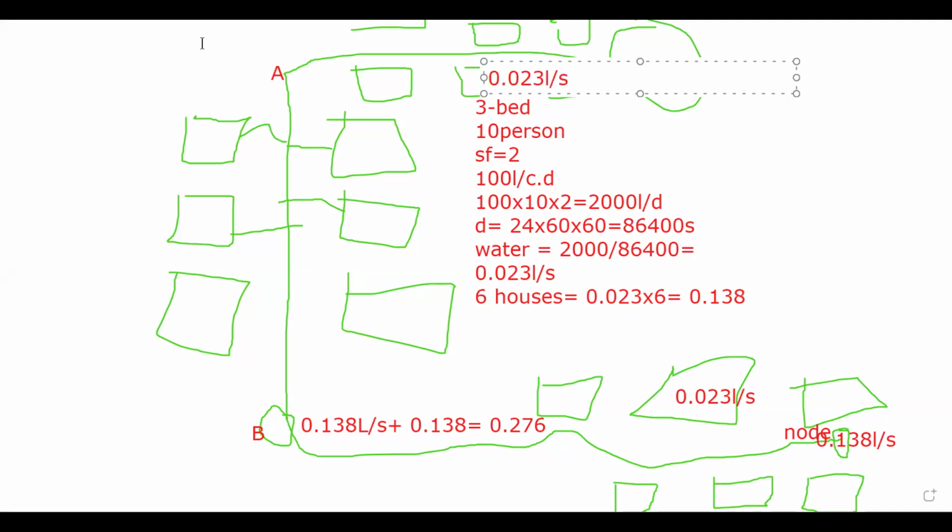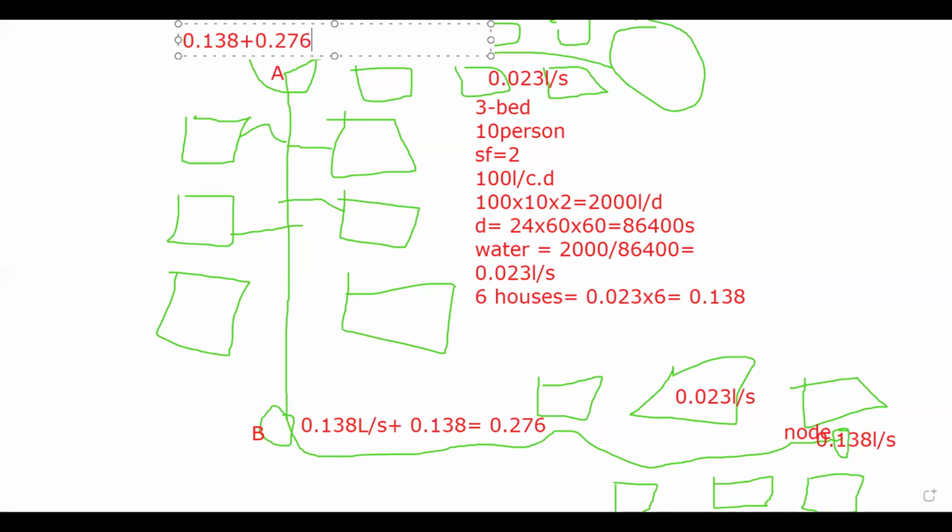And it means this node here now, listen to this, the value for this node will be 0.138 for its own 6 houses, plus the value downstream, and that value downstream is 0.276.